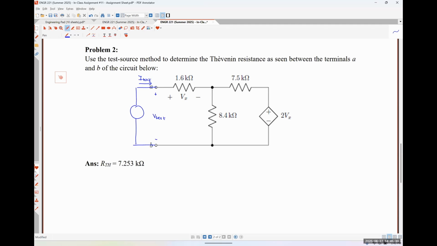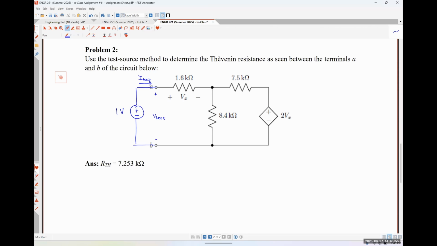Voltage. Okay. And somebody tell me what the value of that voltage source should be. One volt. Sure, thank you, Joseph, for carrying the weight of responding to me today.